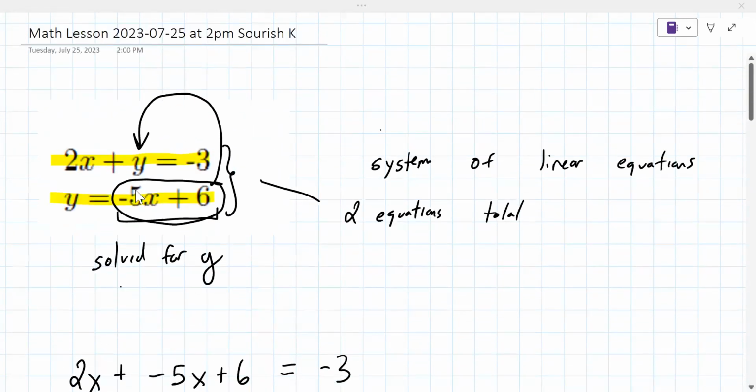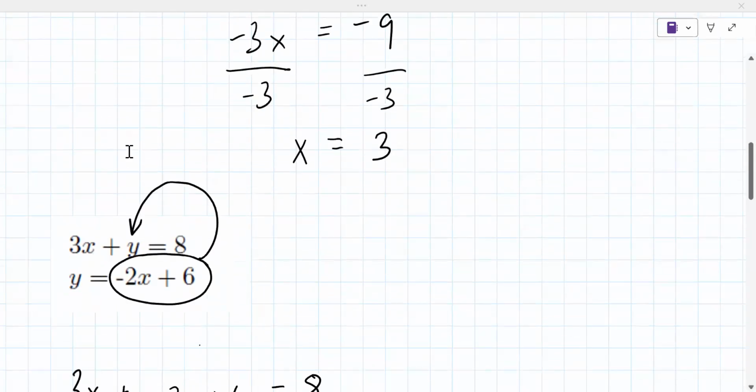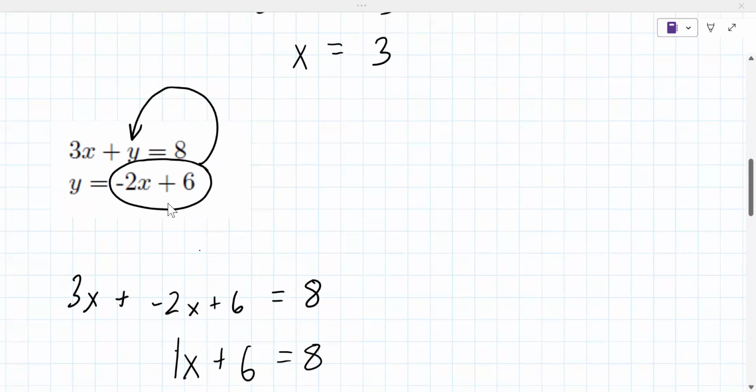Well, what did we do in the first one? We have to solve for y. It's already solved for y. So you take this and you substitute it into the other equation, and that equals 2. So what did we do in this one?